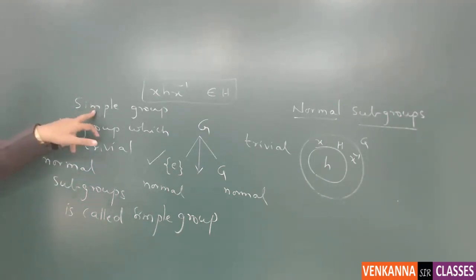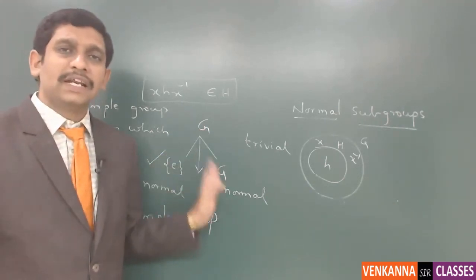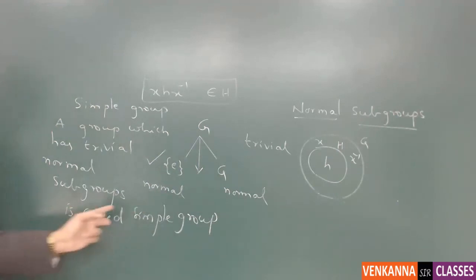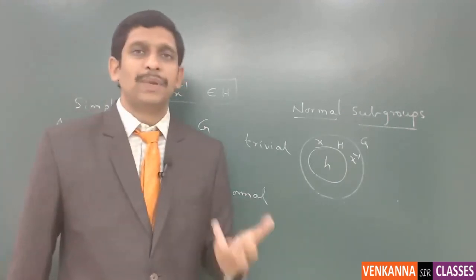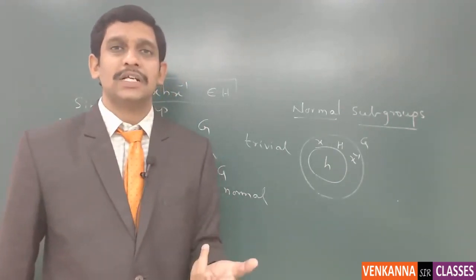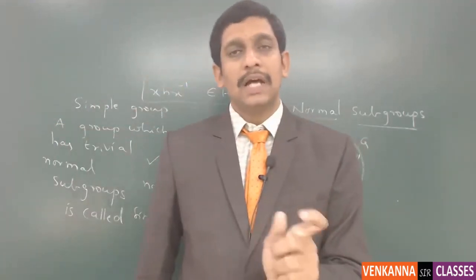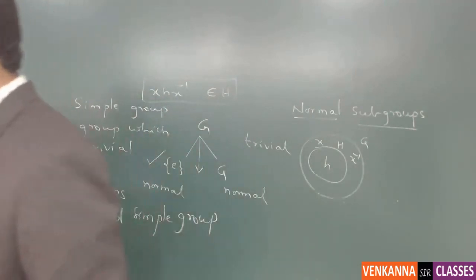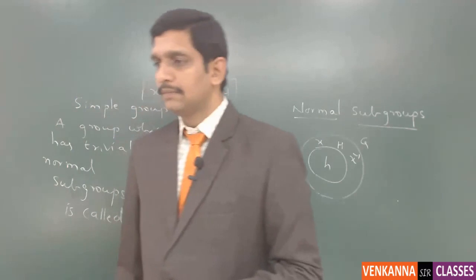And what is meant by simple group? A group which has trivial normal subgroups only, that we call a simple group. So from this very perspective, as per the previous class discussion, can you say what will be the order of a simple group?